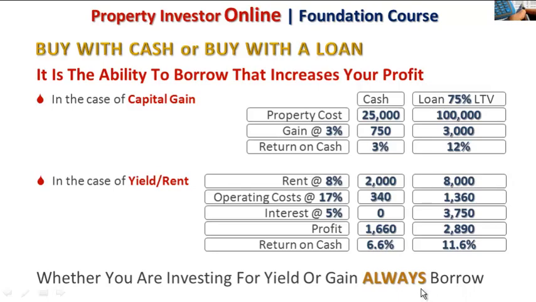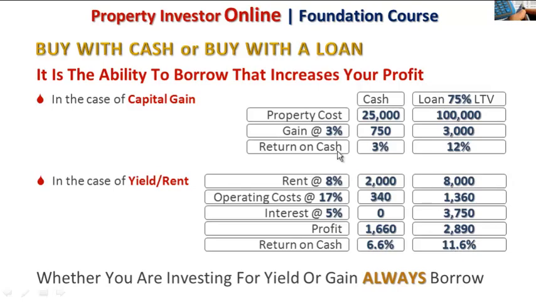And if you increase these percentages, if you take the rent up to say 9% or 10%, because you're moving the rent percentage away from the interest rate, which is the highest cost against the rental income, this loan percentage of return on cash will increase.